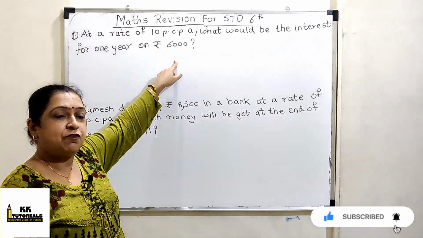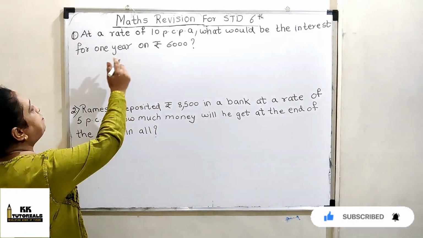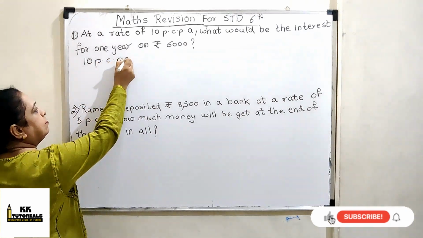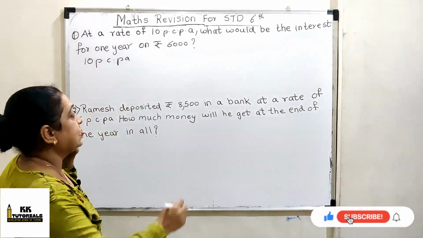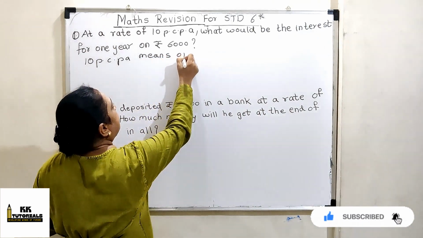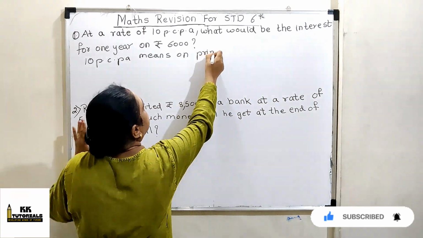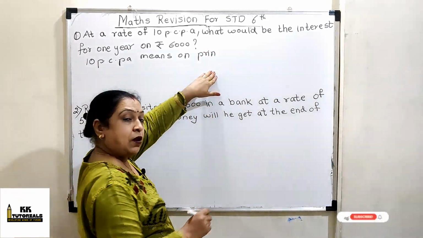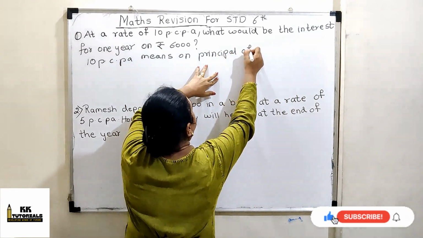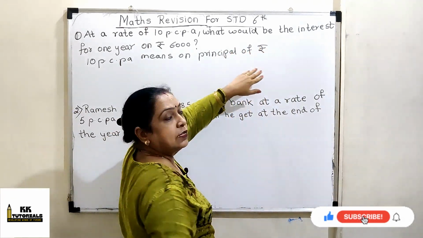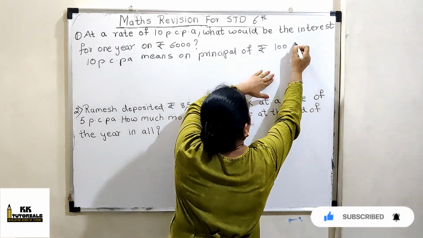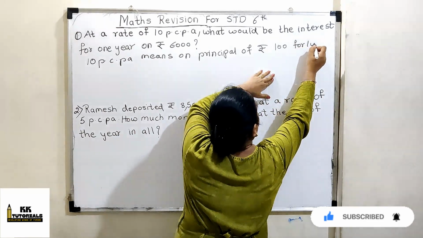So first of all, what should we do? 10% per annum means what? 10% per annum means on principal of rupees 100 for 1 year.